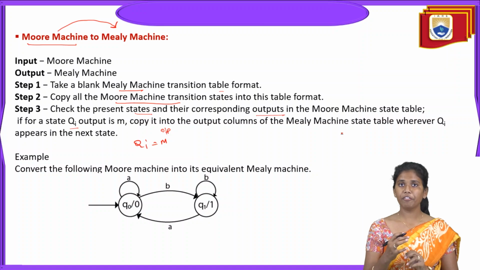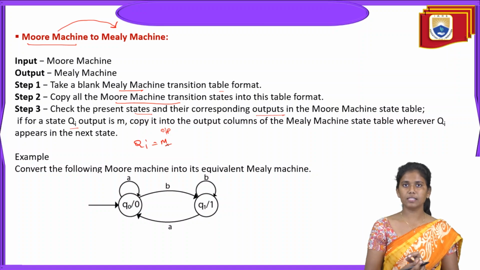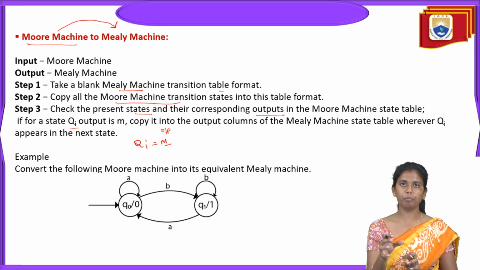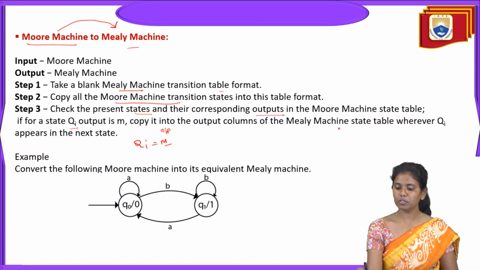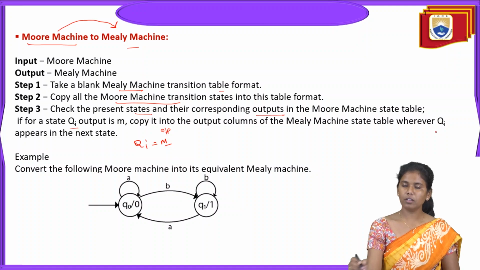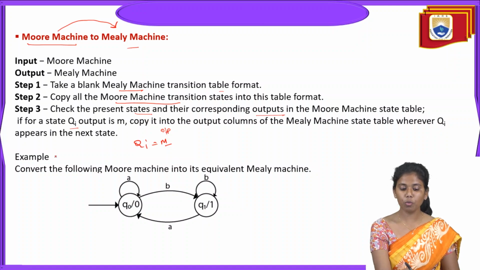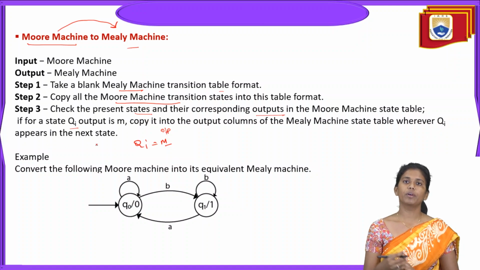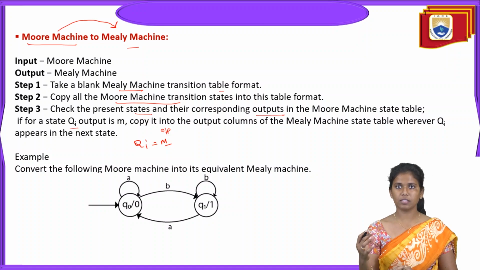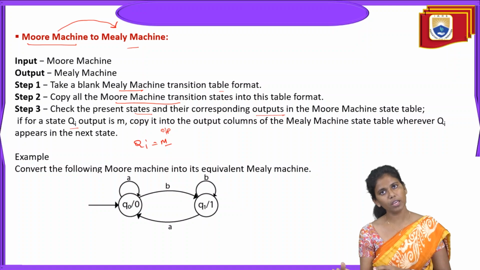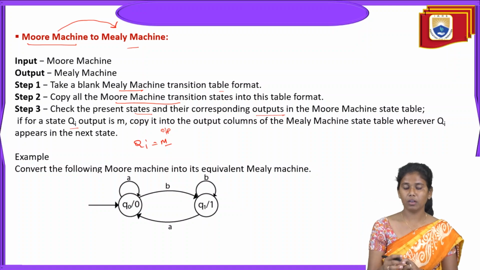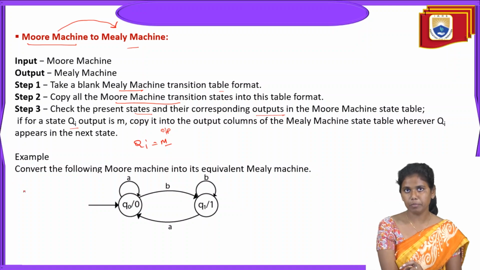So if we are getting the output as M, we have to copy this output to the Mealy machine table whenever Qi appears in the next state. Whenever Qi appears as the next state, copy the output that came from the Moore machine and put it into the Mealy machine.